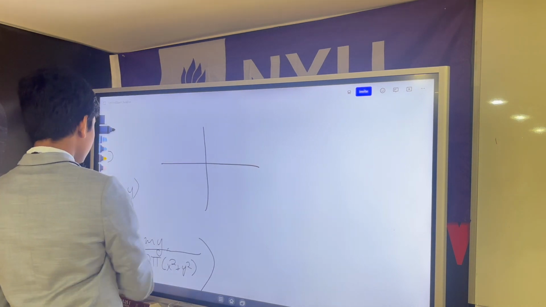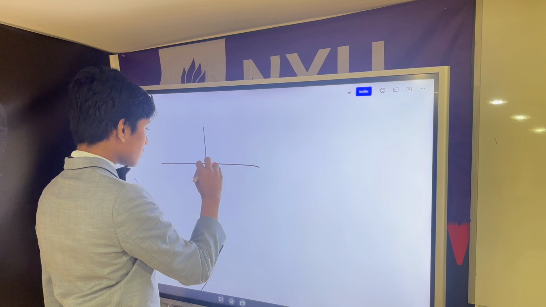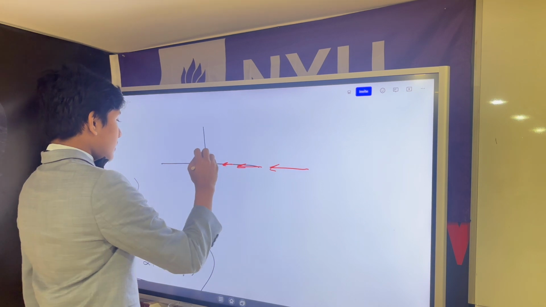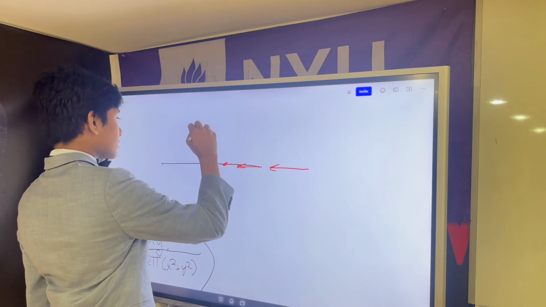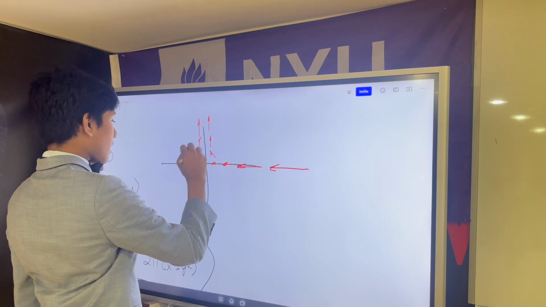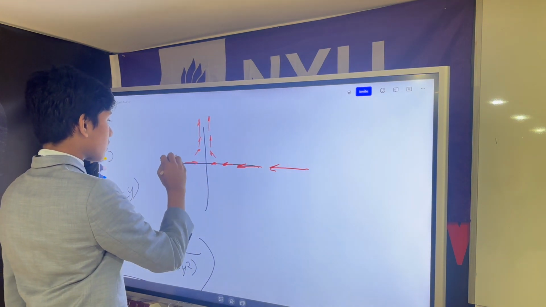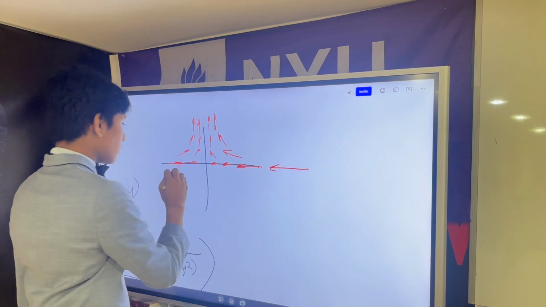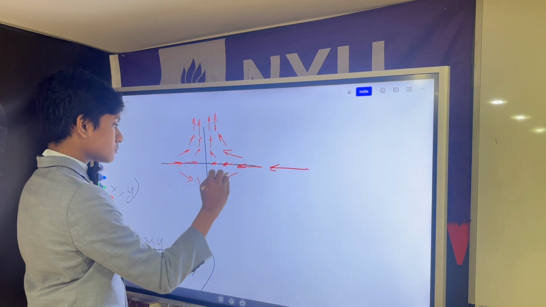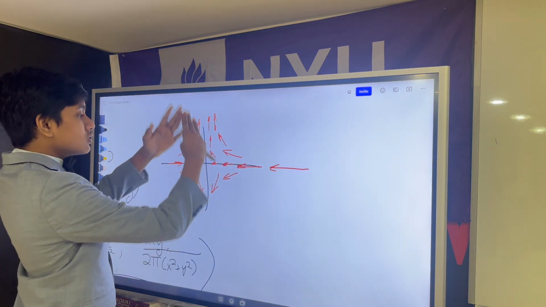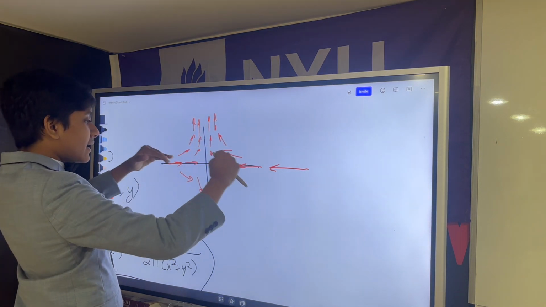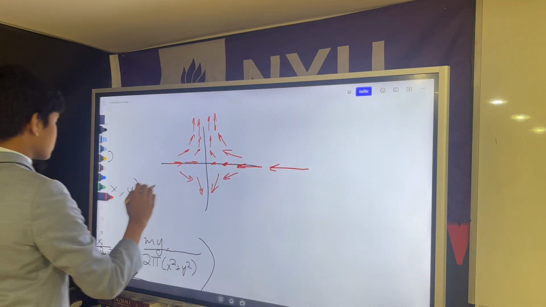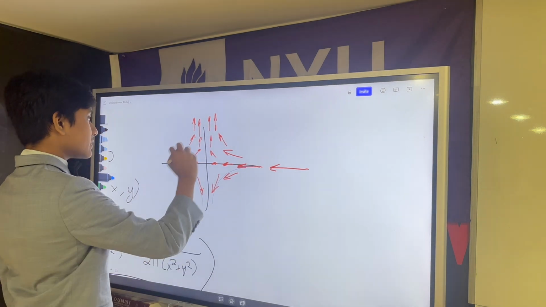Well, it's going to get stronger as you move out this way, and it's going to start pointing up like this. So it kind of looks like this. Right? So it all channels towards the origin. After that, it's going to channel either up or down, just like so. So streamlines might look a little something like this.